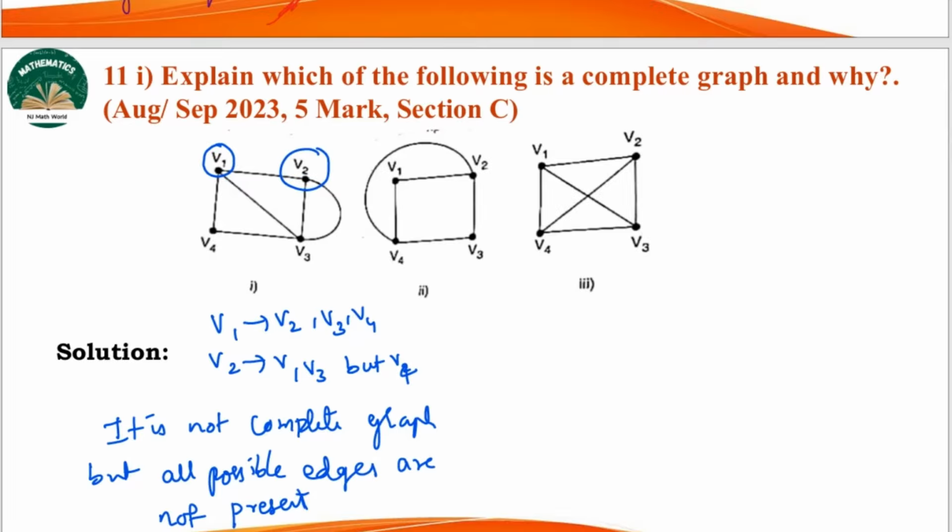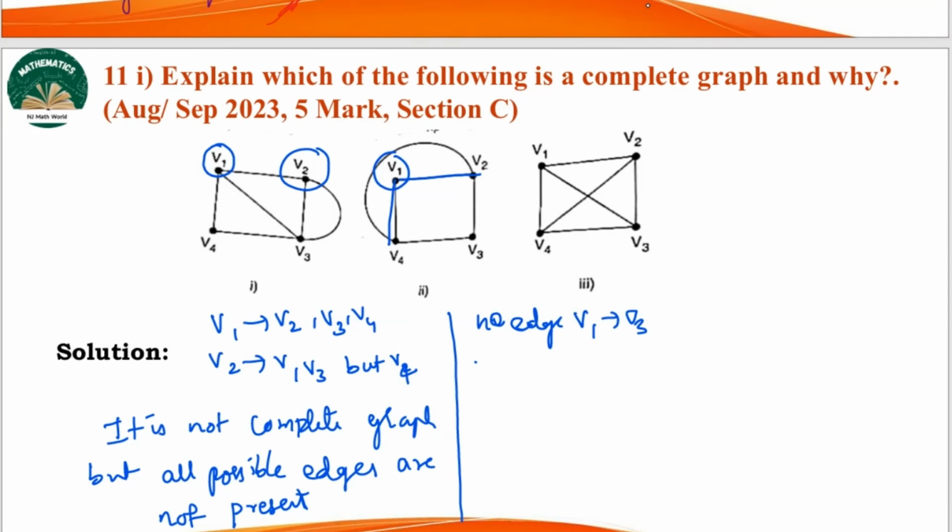So we'll check the second one, whether all possible edges are there. Yes, for V1 we have edges to V2 and V4, but there is no edge from V1 to V3.